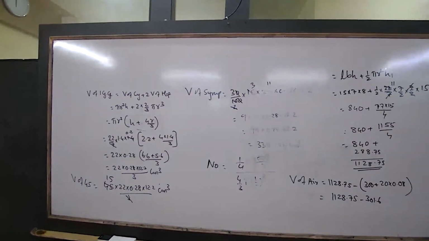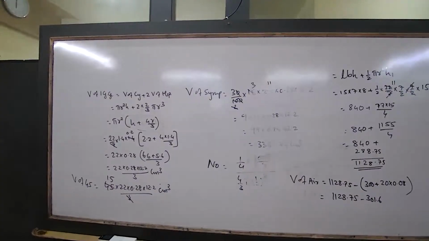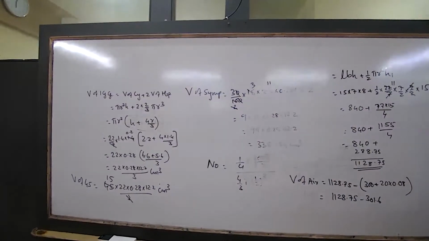What answer did you get? 1157 minus, a subtraction here. 827.15, 827.15 meter cube.